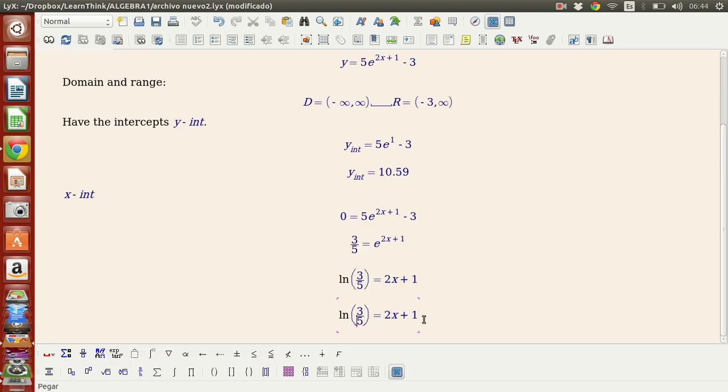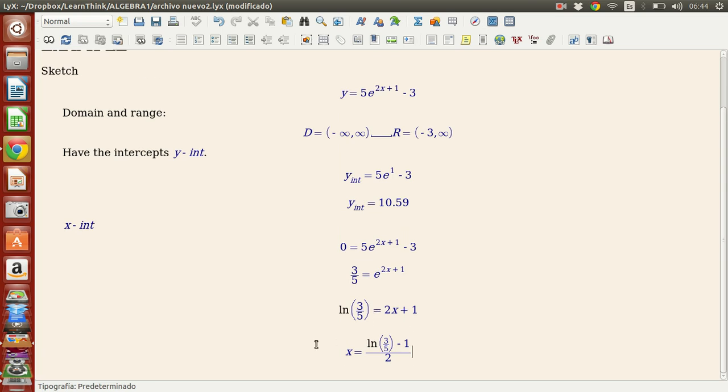You can do the steps to get the answer, that x equals the natural logarithm of 3/5, minus 1, divided by 2.